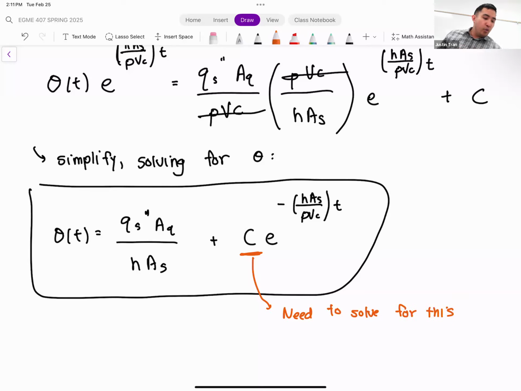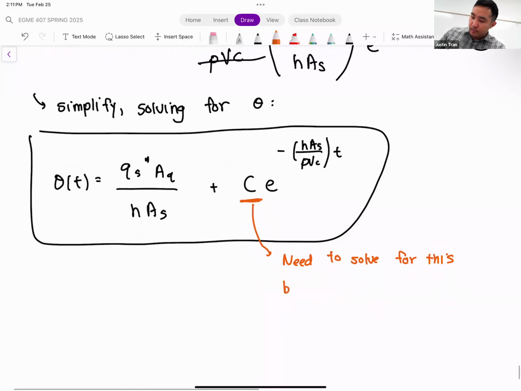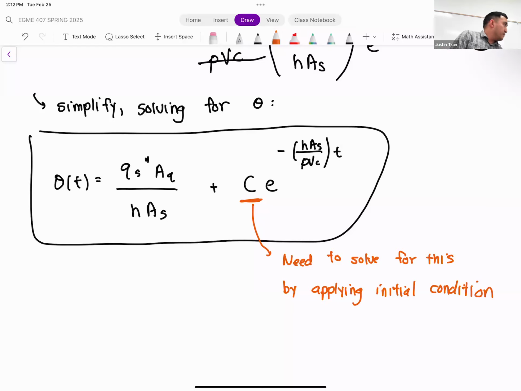And the way that we're going to do that is we're going to apply our initial condition. Basically, we need to plug in the temperature of the pan when time is equal to 0.